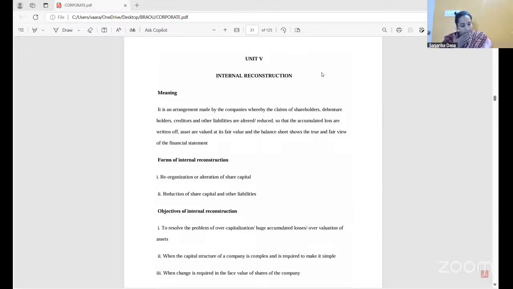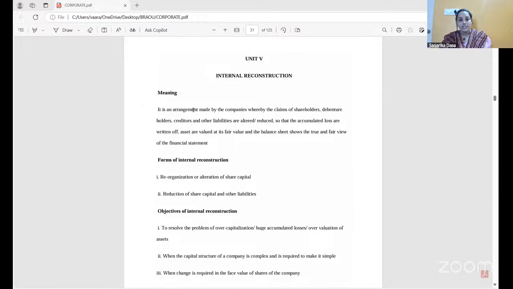Yes, I hope the screen is visible to you all. Right, reconstruction. We have internal reconstruction as well as external reconstruction. Now, let us understand the concept clearly.